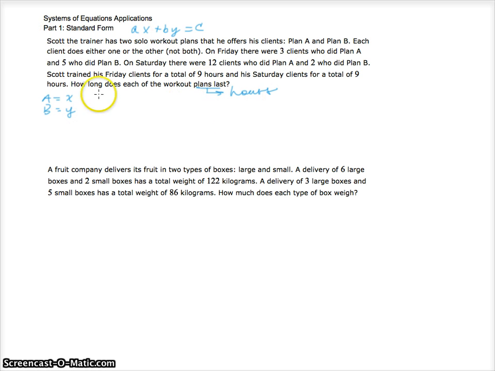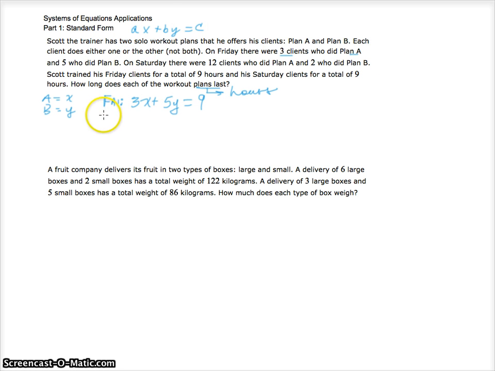Okay, so on Friday, we know that he had 3 clients do Plan A, so he had 3x. And he had 5 do Plan B, so 5y. And we know that the total number of hours for Friday was 9.